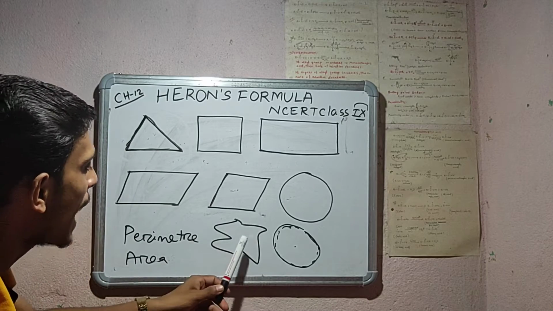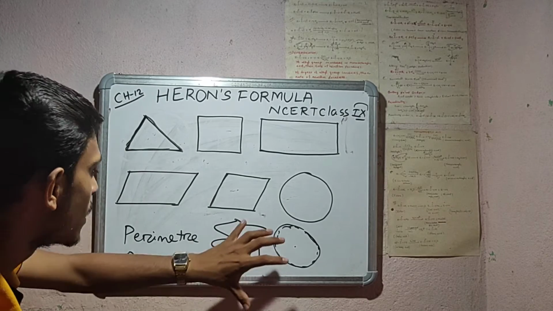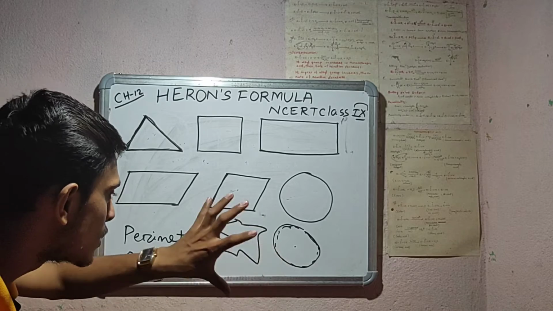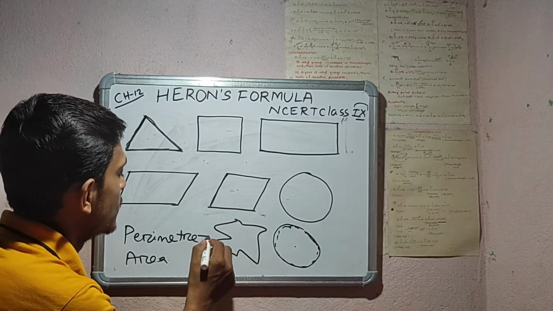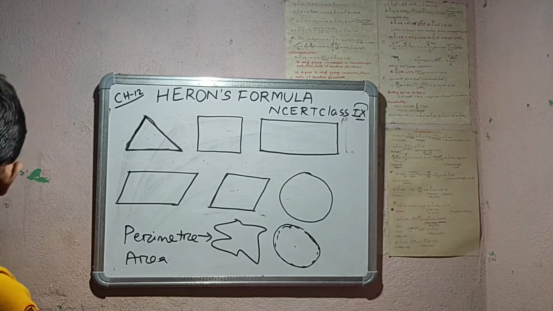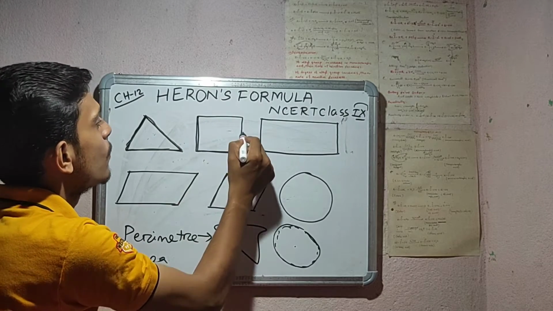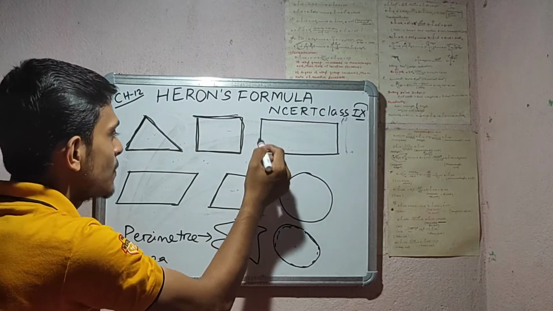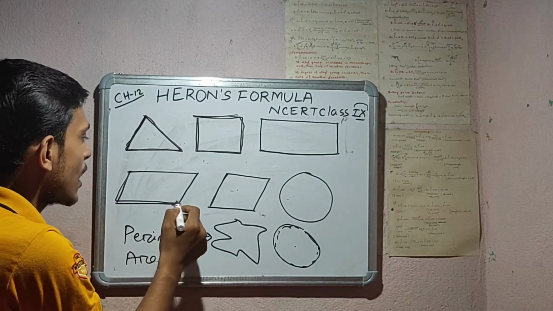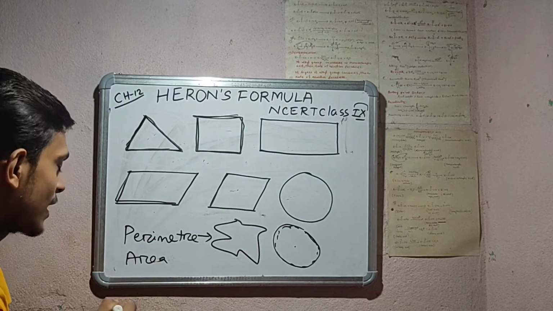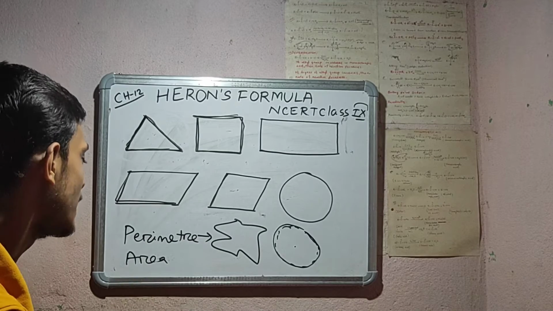In case of square, rectangle, parallelogram, in any geometrical figure, this is perimeter.